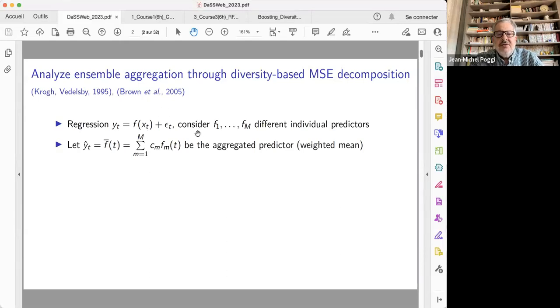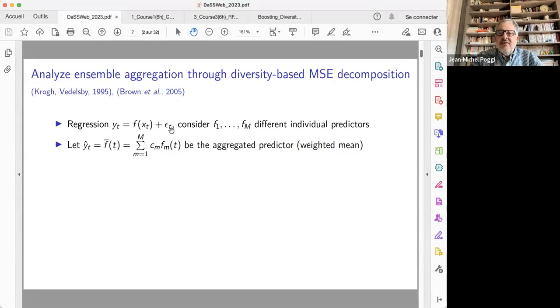Then you consider different individual predictors, some algorithms f1, f2, up to f capital M, generating some prediction about the future value of y. So each individual predictor delivers some prediction of the next value of y.